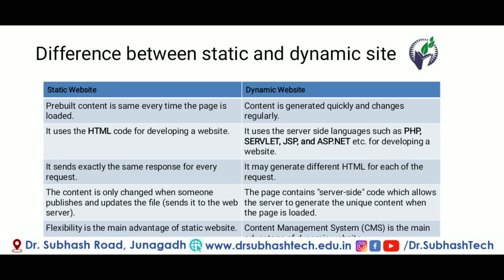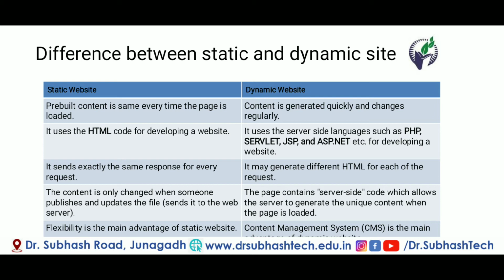It means that in a static website, the developer has to modify the content regularly. If he does not, then every time a request is made, the old content is displayed. While in a dynamic website, the server-side code is run, so the request is sent to the server, and the server passes the request to the server-side code or application which generates the response. So modification is done at the server side.